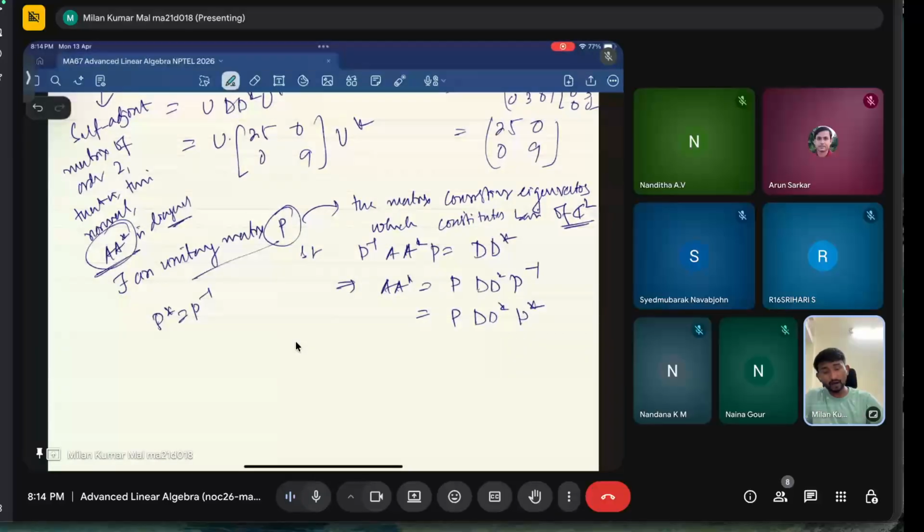But whenever it is normal, the columns are not only eigenvectors, they are orthonormal eigenvectors.